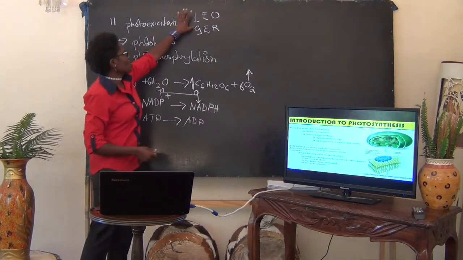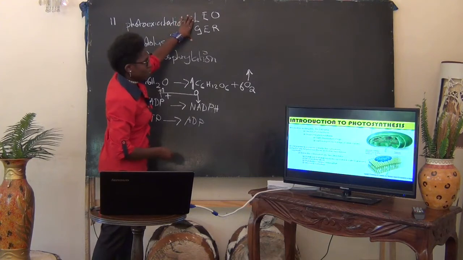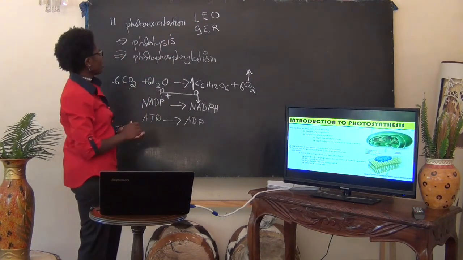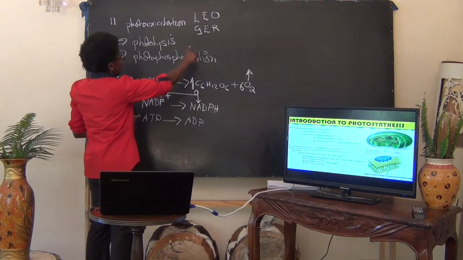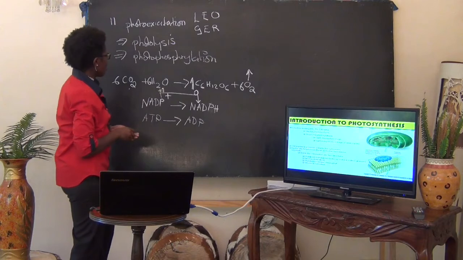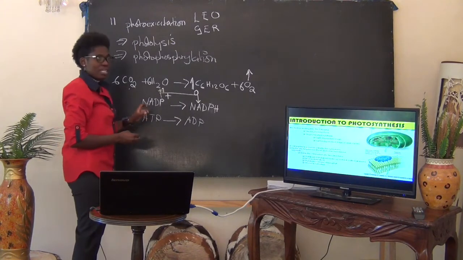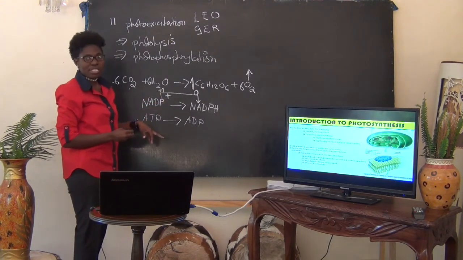And according to the rules of oxidation and reduction, you realize that when a molecule has lost an electron, it is oxidation. When it has gained an electron, we call that reduction. And also that when you are removing an electron out of a molecule, what you are doing is that you are oxidizing it.